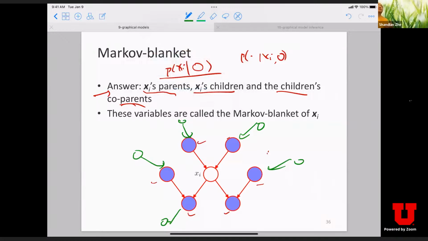So if you condition on those, it will always be blocked. If you run the Bayes ball algorithm, you find that all the paths will be blocked and they are conditionally independent. So perhaps looking at the network structure is an even more straightforward way to understand why the Markov blanket is like this. Any questions so far?